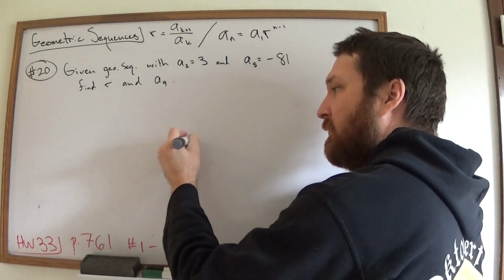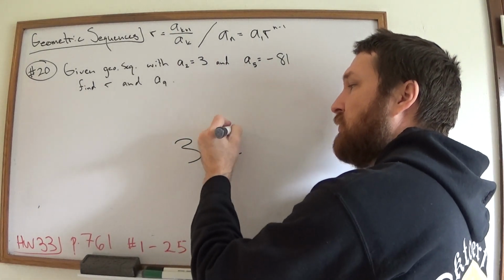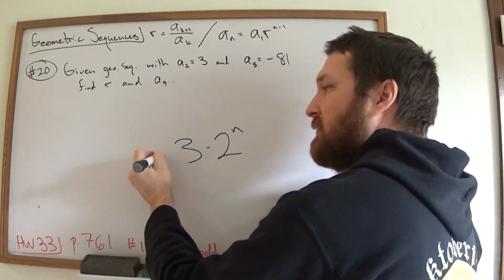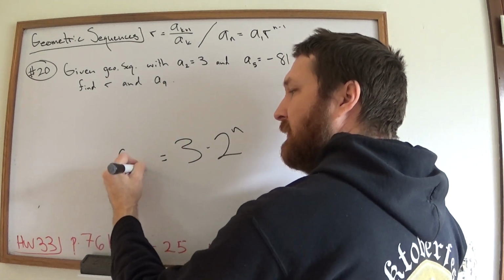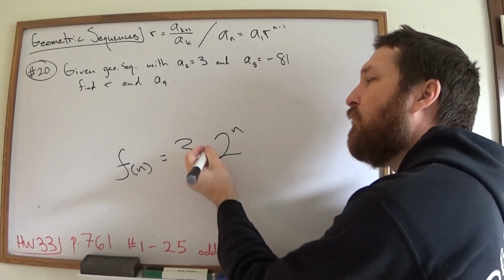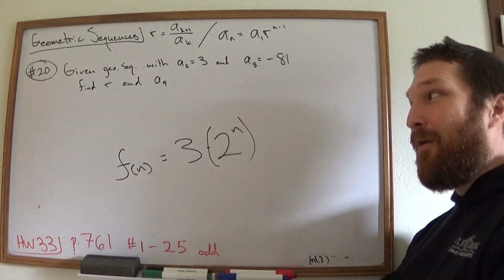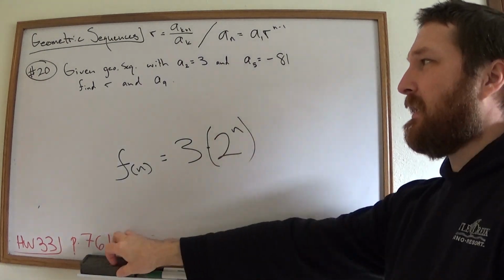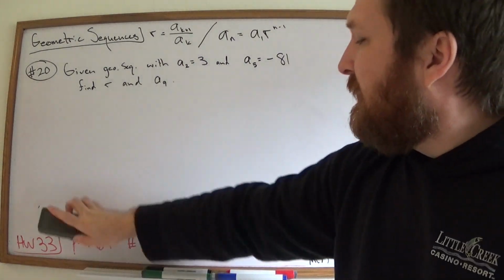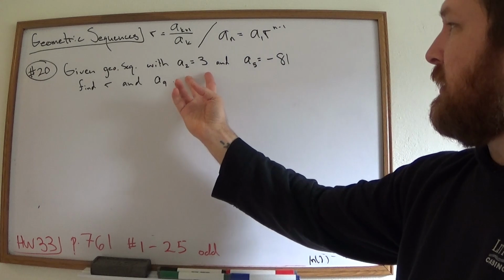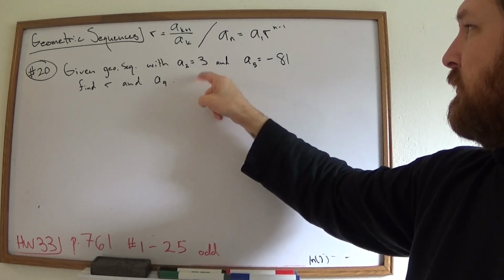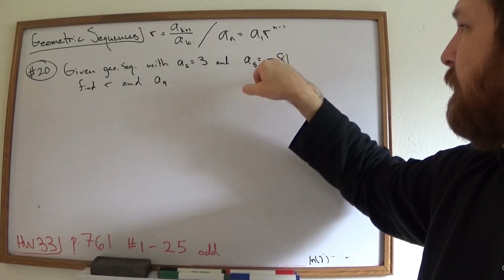So our original one was like 3 times 2 to some power, right? The function corresponding to our original sequence was something like this. And so now we're given 2 data points, right? When the input is 2, the output is 3. When the input is 5, the output is that.